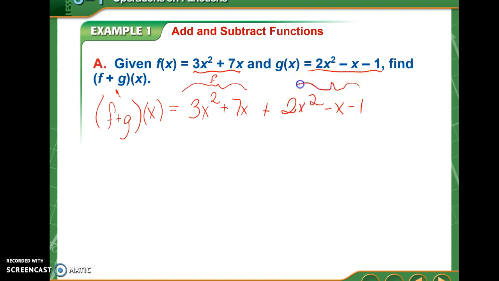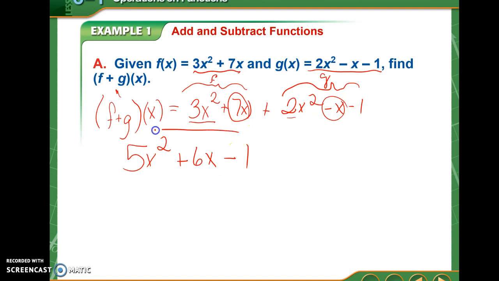So that is the g function. So I add like terms, so 3x squared plus 2x squared, 5x squared, 7x and negative x, 6x, and my negative 1, and that's my f plus g of x function.